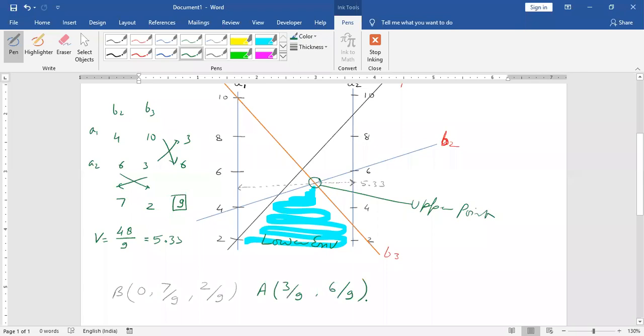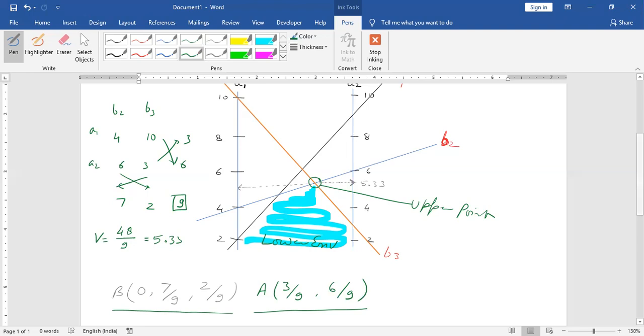So 3 by 9 and 6 by 9 is the strategy of player A, and 0, 7 by 9, 2 by 9 are the strategy of player B. So this is the solution through the graphical method of a 2 by n problem.